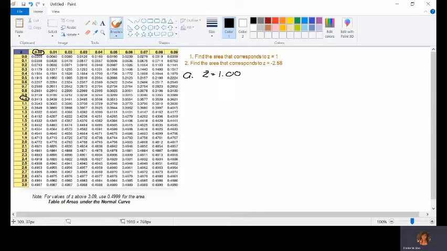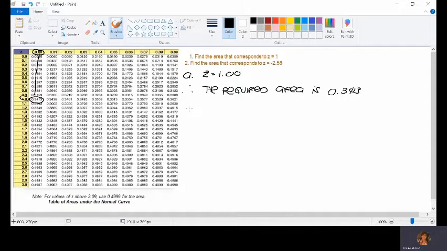So read the area or probability at the intersection of row 1.0 and column 0.00. This will be the required area. So therefore, the required area is 0.3413.